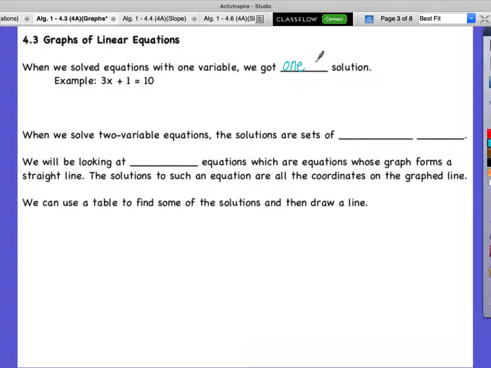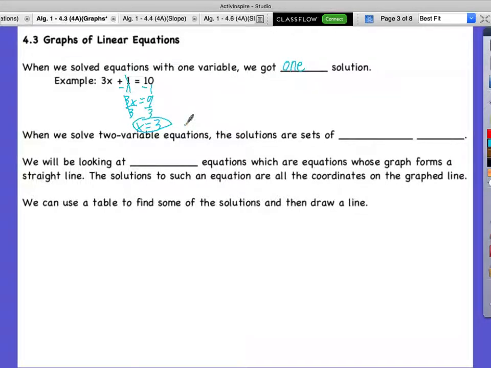If we solve this, we subtract 1, so 3x is equal to 9. Then we divide by 3. This is light work, right? x is equal to 3. So when we solve an equation with one variable, we have one solution. That's x equals 3.